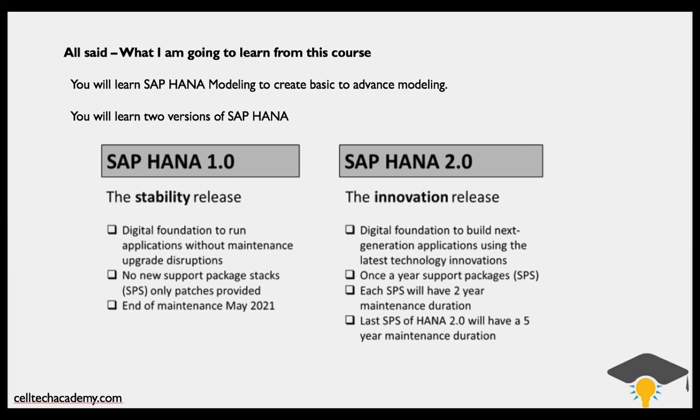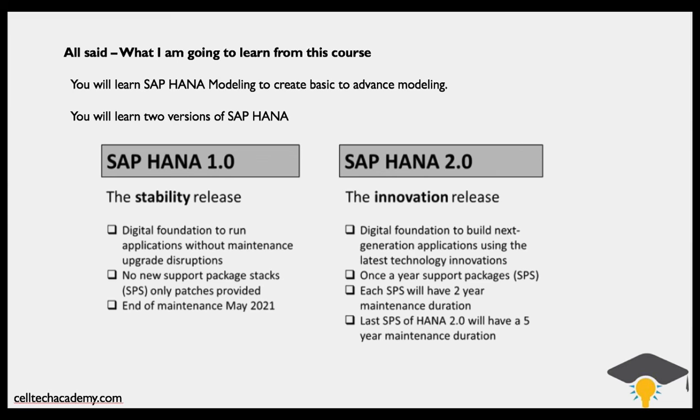And each service pack has a maintenance duration. We are talking about production, not development or our learning purpose. Generally it takes 2 years. The last SPS of HANA 2.0 will have a 5-year maintenance duration, meaning when they end the service packs of SAP HANA 2.0, the last service pack will be supported up to 5 years, and then they'll jump to SAP HANA 3.0.